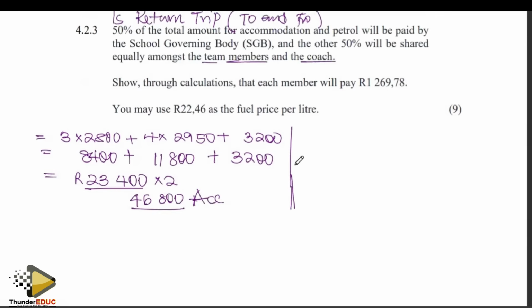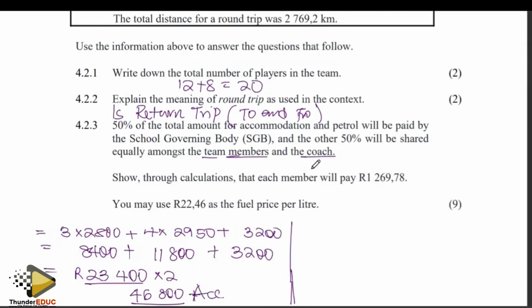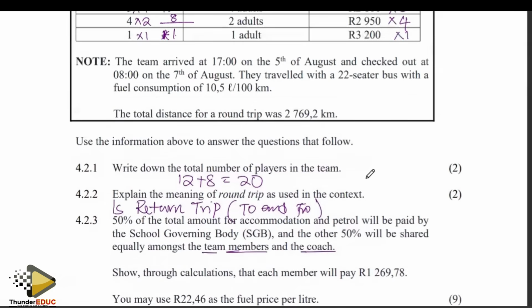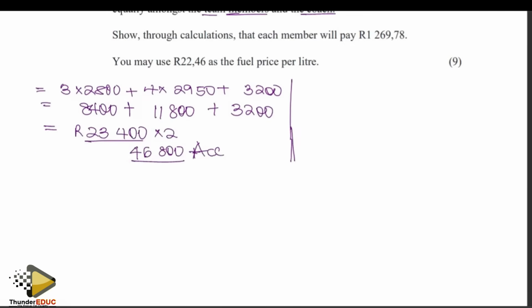For fuel, we need to know the distance covered. Remember, the car has a consumption of 10,5. Simply meaning for every 100 kilometers, the car uses 10,5 liters, but the distance being covered here is 2,769.2 kilometers.